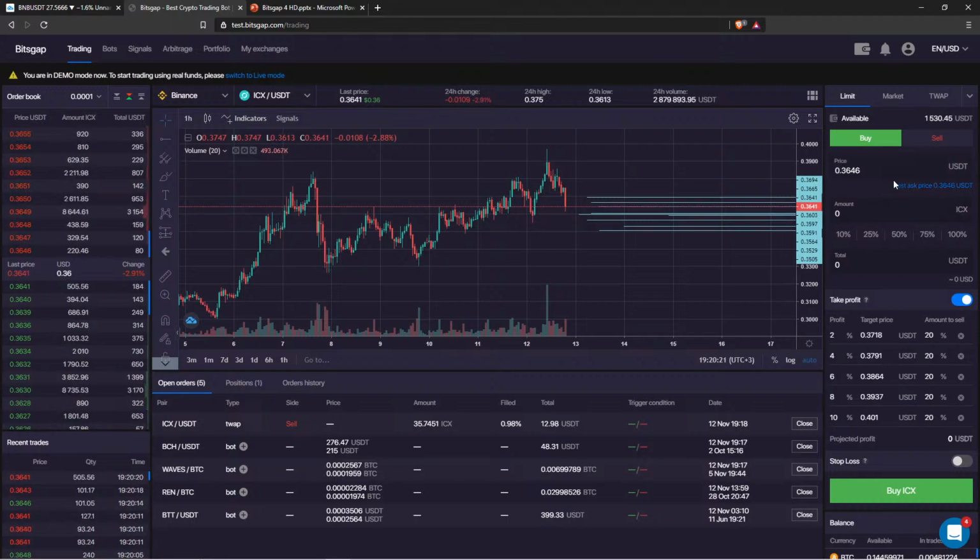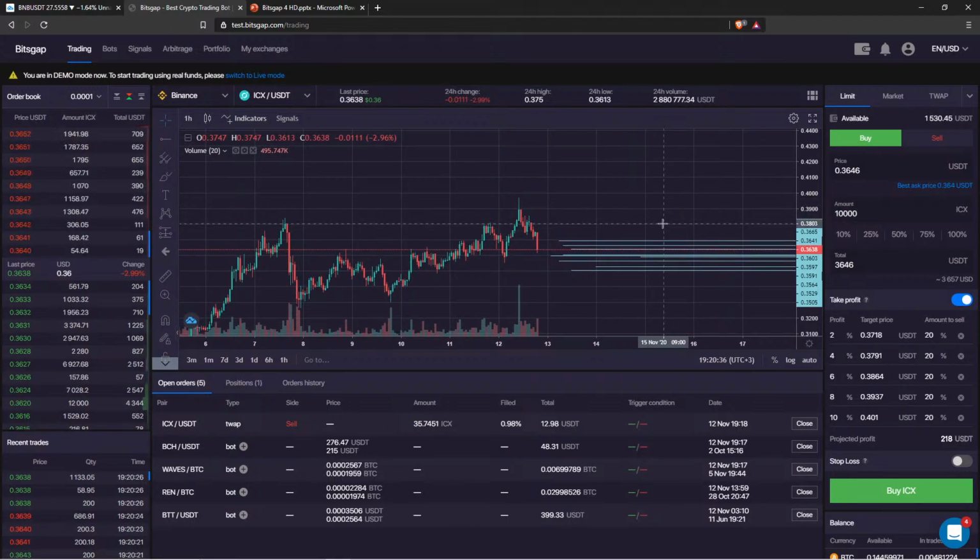Let's assume I am willing to buy icon at that price. Amount, let's say 100, no, let's actually buy more, 10,000 icons. So here below I can place my take profit orders. So that's going to be the price at which a portion of my icons will be sold.